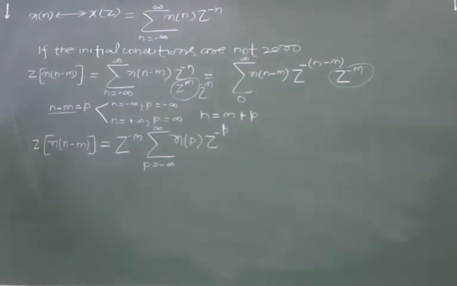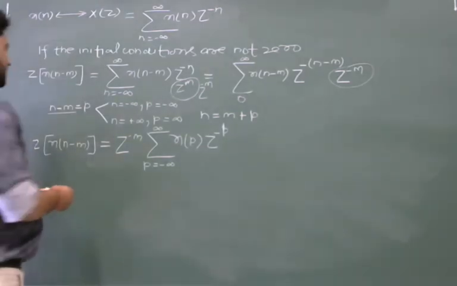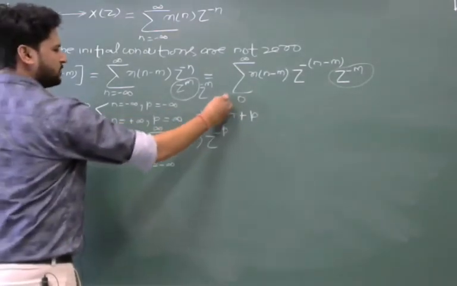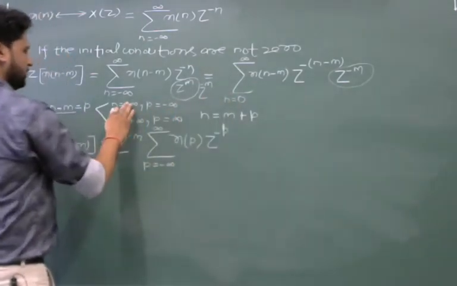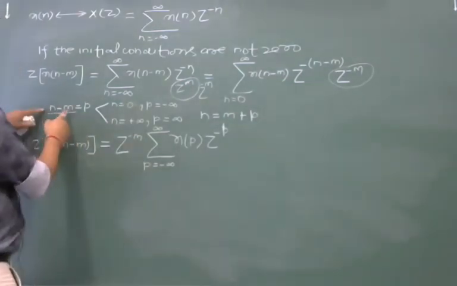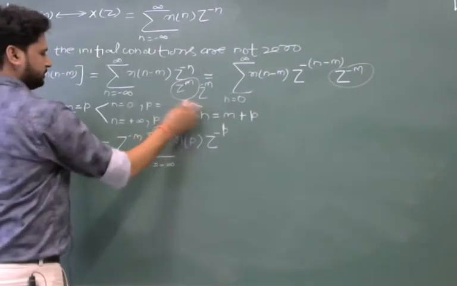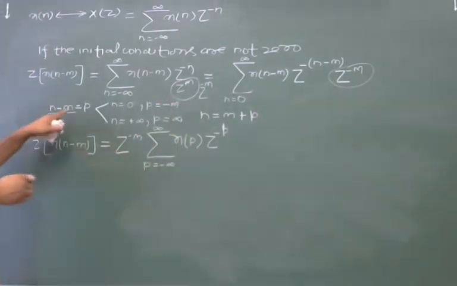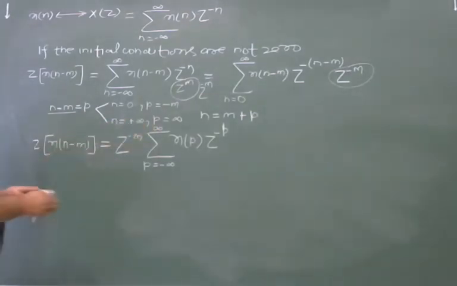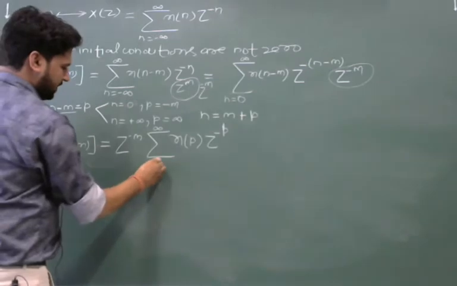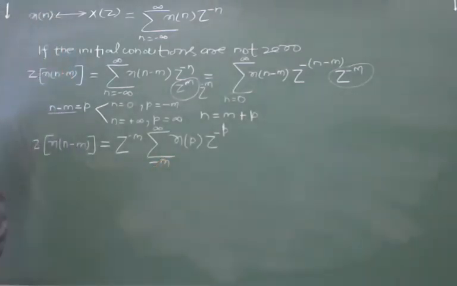Then when n will be equal to 0, this p will be equal to minus m. And when n will be equal to infinite, p will be equal to infinite. So this will become from minus m to infinite.